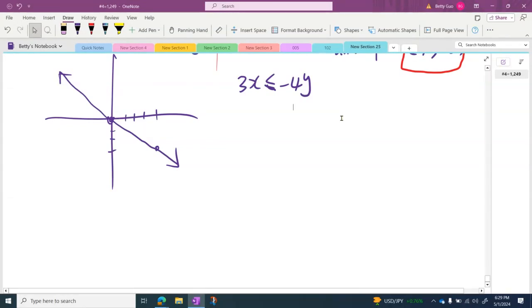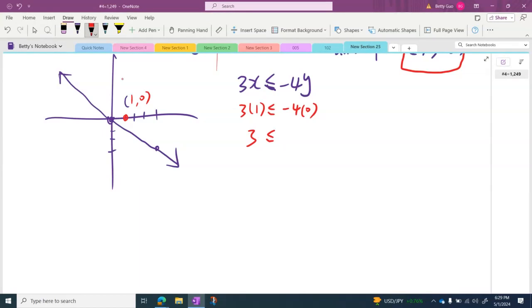So we are going to pick another point. I'm going to pick (1, 0) here, just for convenience. I'm going to plug in x equals 1, y equals 0. And I have 3 on the left side, 0 on the right side. 3 is less than or equal to 0 is a false statement.